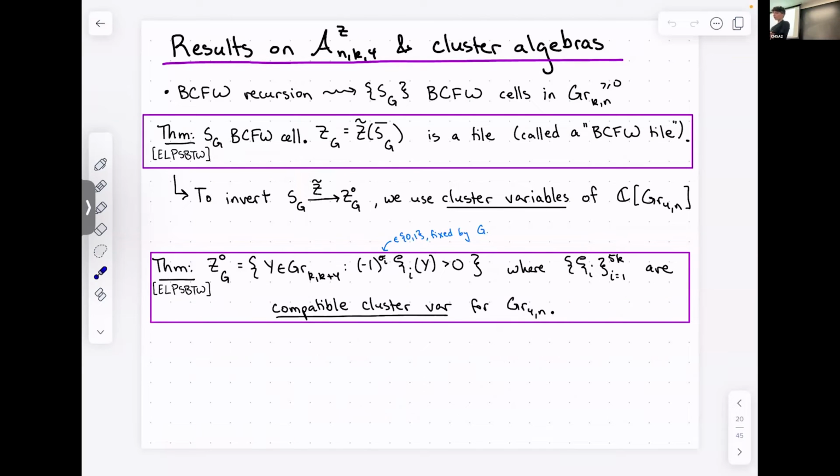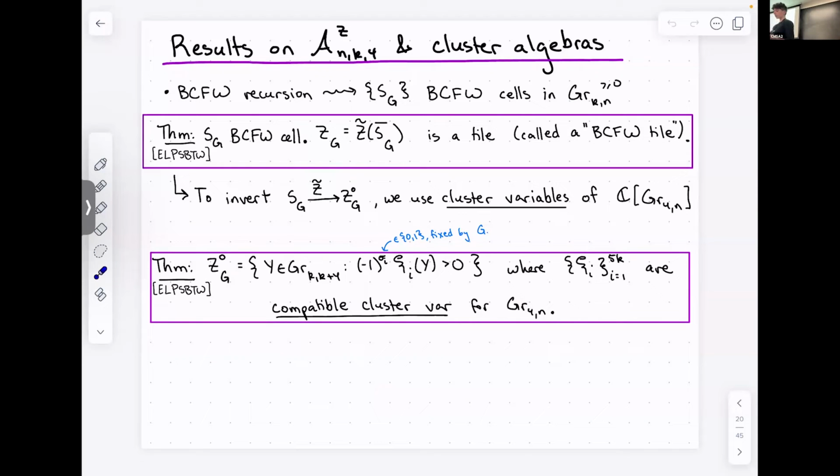So to invert the Z tilde map, the only way we know how to do it is to use cluster variables. And a very closely related result, which we actually prove together with it, is that you can take one of these tiles and describe it just inside of GRKK plus 4, with no reference to your original TNN Grassmannian.